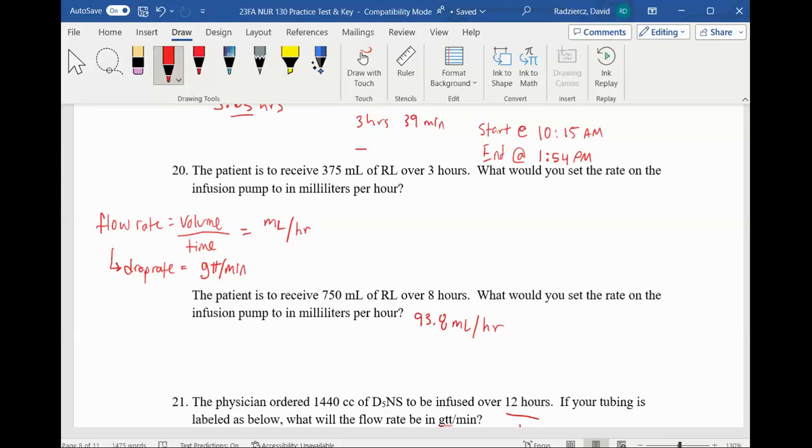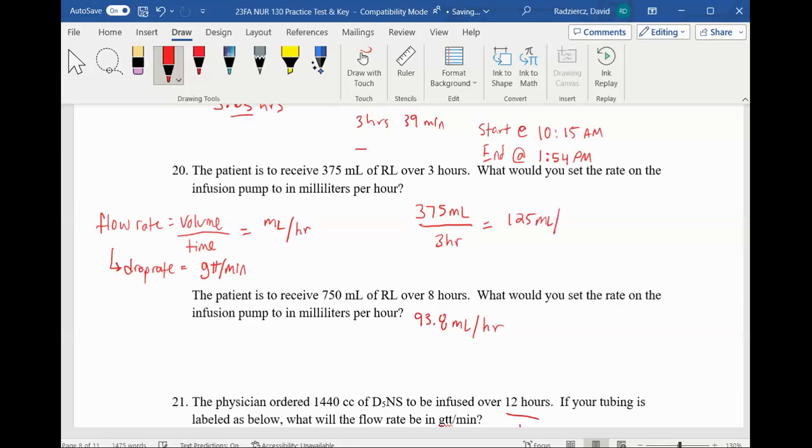So sometimes where these give students a little bit of a problem is you're looking for something to multiply or divide, trying to set up some sort of problem, but there really is no problem. All you're doing is taking the volume they give you, 375 milliliters, putting it over the time they give you, 3 hours, and then you reduce it. 3 goes into 375, 125 times.